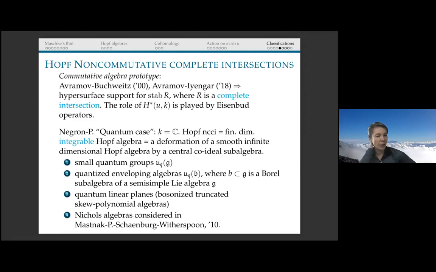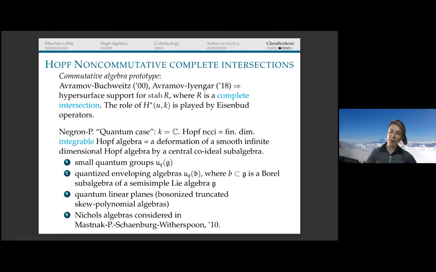And one last thing I wanted to mention is that that approach, I believe, also covers the work that we did with Mastnak, Pevtsova, Schauenburg and Witherspoon about 10 years ago for Nichols algebras, but you can also bosonize them, the Hopf algebras, to show finite generation there as well.